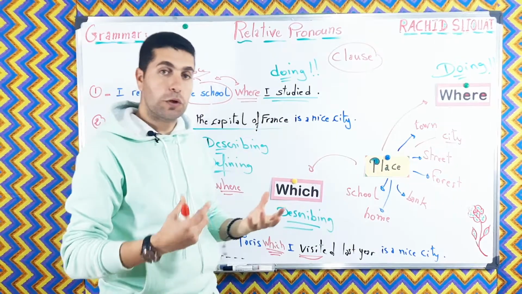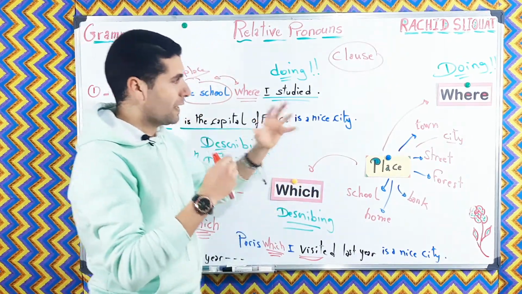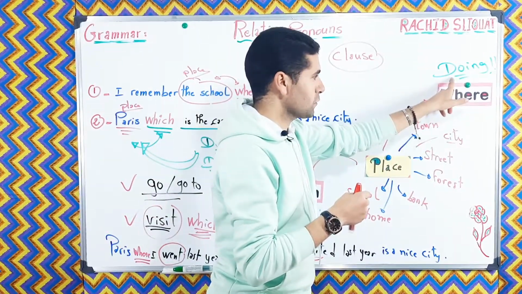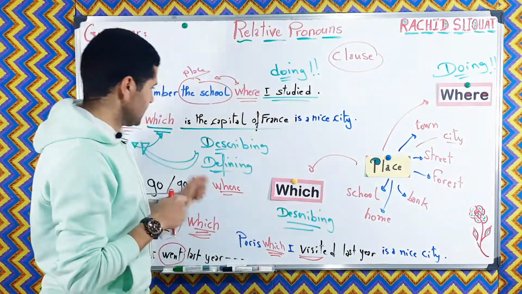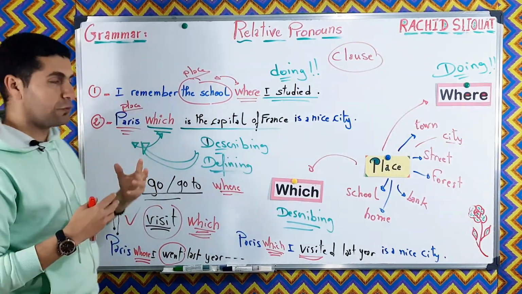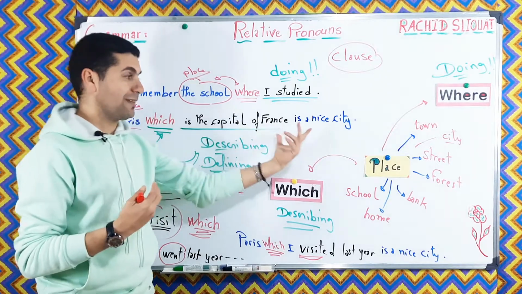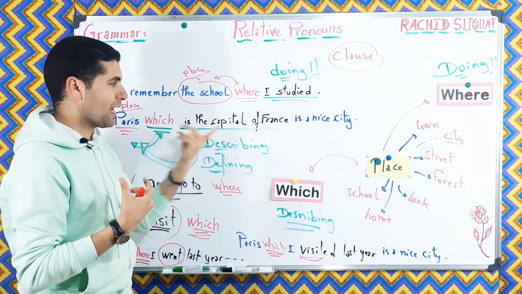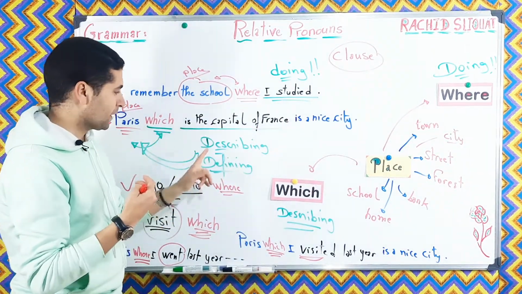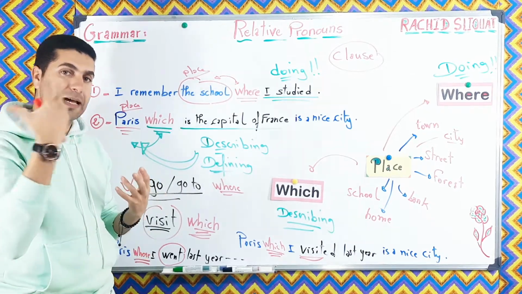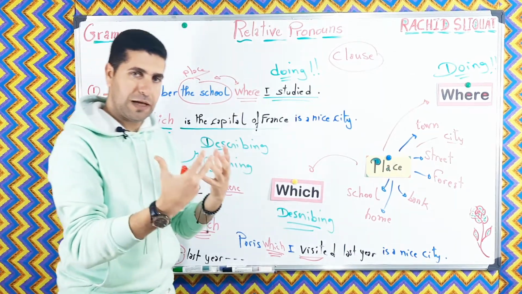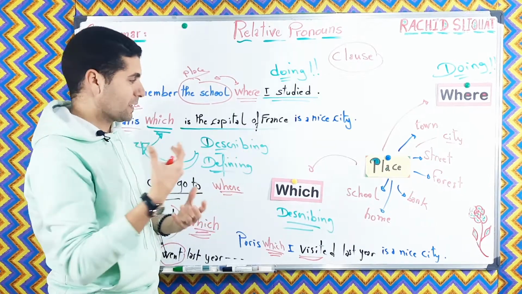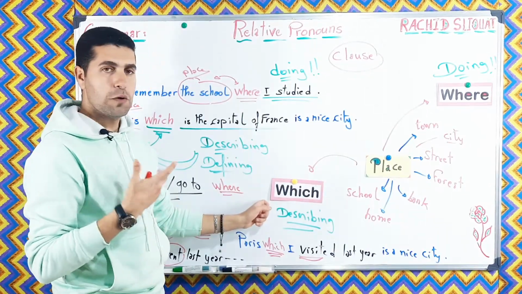These are things that we do in the place. So when we talk about doing, where. And if you go to Paris, which is the capital city of France, is a nice city, here I am just describing or defining the place. So when we are talking about a place and defining that place, you use which.